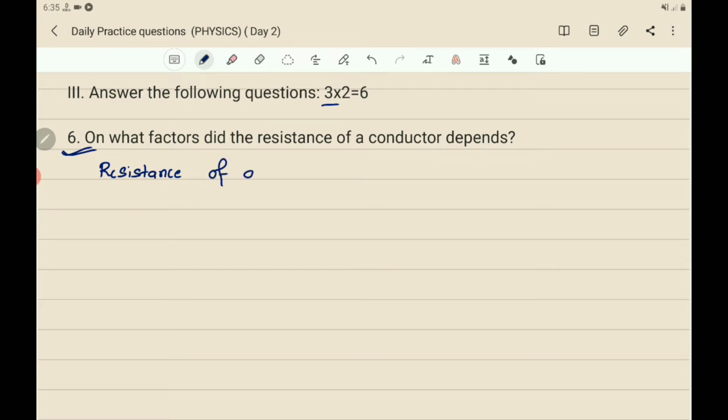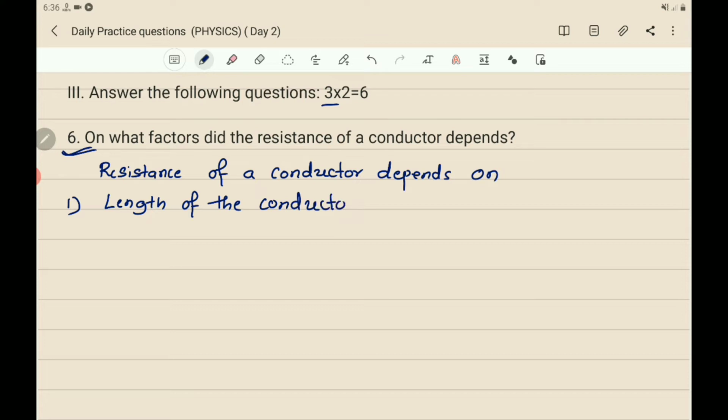Resistance of a conductor depends on, first one you write length of the conductor. So resistance R of a conductor is directly proportional to its length.